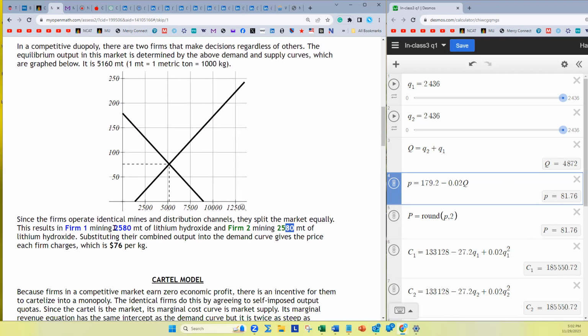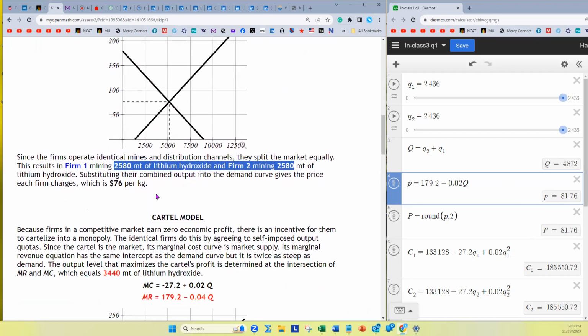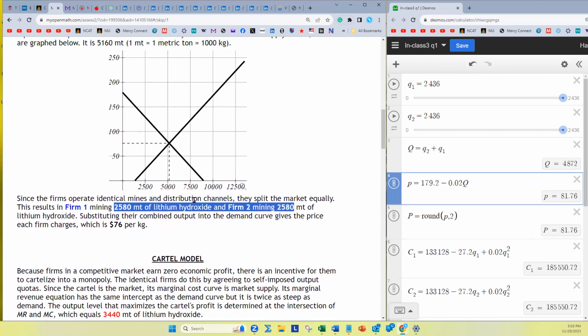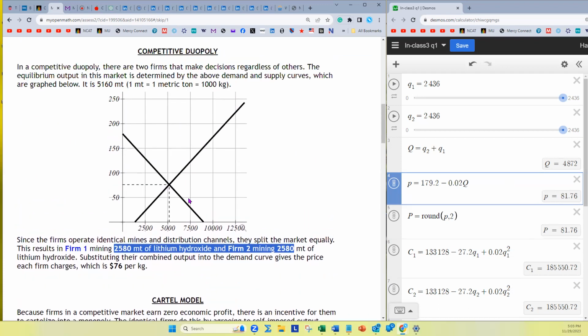So when the quantity supplied, which is the sum of those two, is 5,160, the most consumers will pay for that lithium hydroxide is $76 per kilogram. Okay. That's the competitive duopoly.